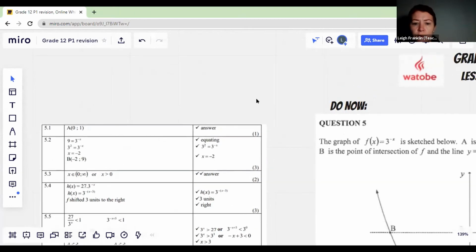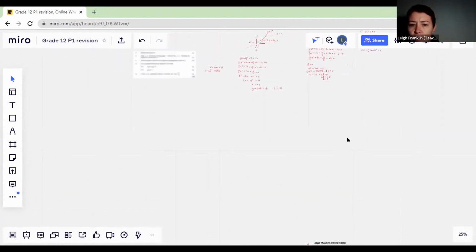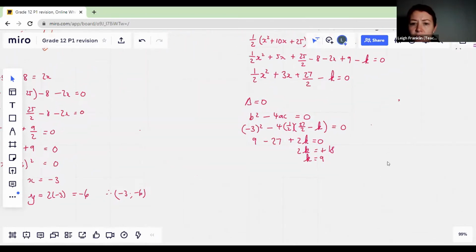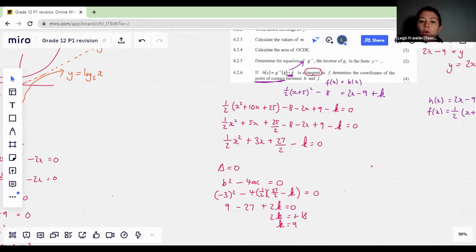All right. So very quickly, just back up here to what we had done last night. The process with that other question, if you recall, we were trying to work out the coordinates at the point of contact, if h of x was a tangent to f. Do you all remember we had made the two functions equal?